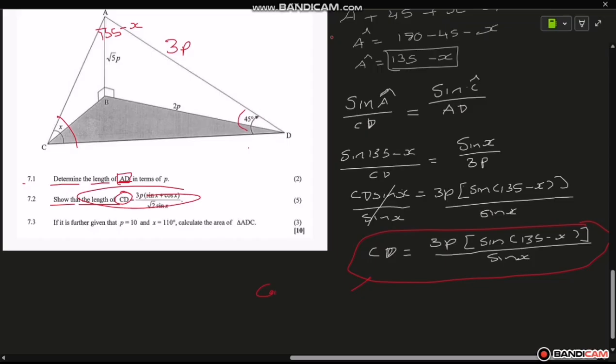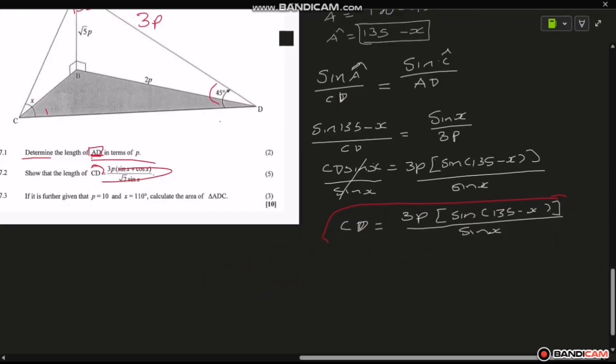So we can use compound angles to simplify sine(135 minus x). If you're in grade 11, this is grade 12. You can use compound angles here. And you don't have compound angles in grade 11, maybe, I don't remember.